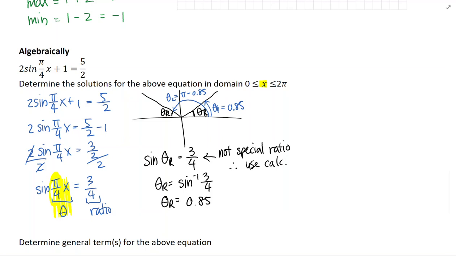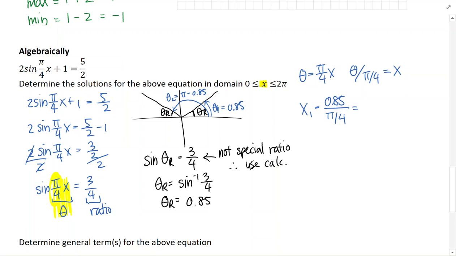So when we're looking at that first terminal arm in quadrant number 1, I'll call it x1, is equivalent to 0.85 divided by pi/4. Because remember, theta equals pi/4 times x. So in order to have x by itself, I have to have theta divided by pi/4, which is why I built this equation here.